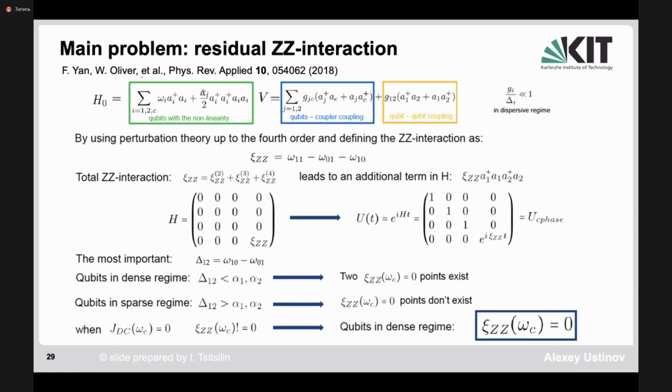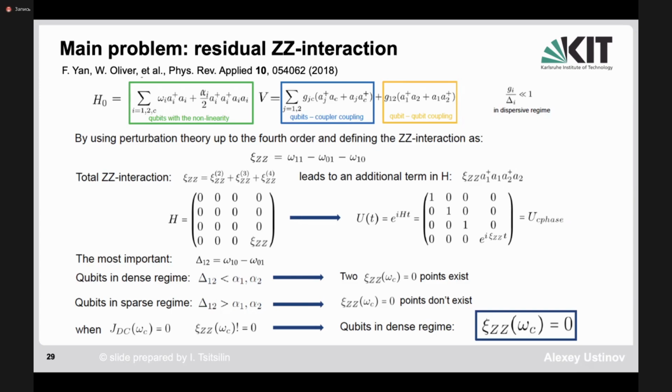Actually, it's a whole big area of research, but it turns out that one can make this coupling either positive or negative depending on the anharmonicity of the qubit. And it turns out that if one combines a transmon qubit with a G-flux qubit of exactly the same magnitude but opposite sign anharmonicity, then one can basically cancel out this parasitic ZZ coupling. Parasitic ZZ coupling is something which is very bad because it generates so-called coherent errors.